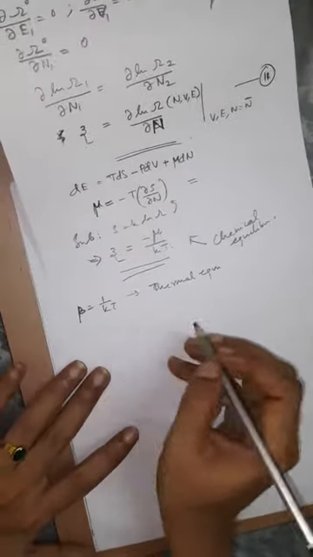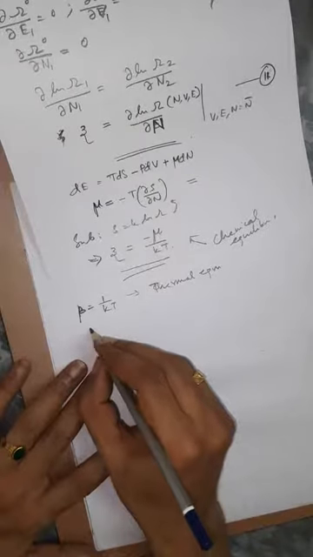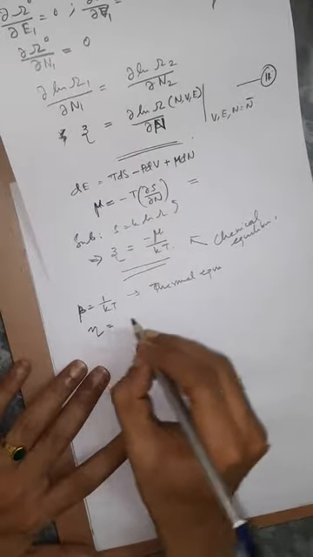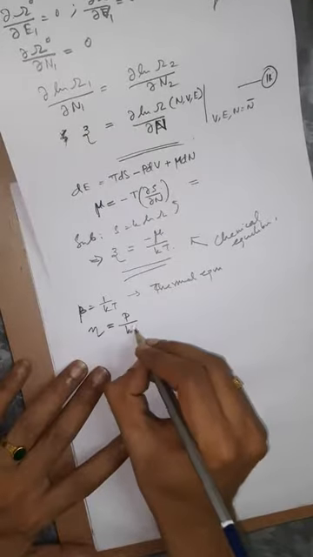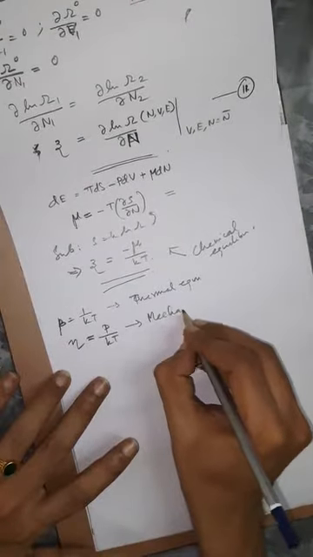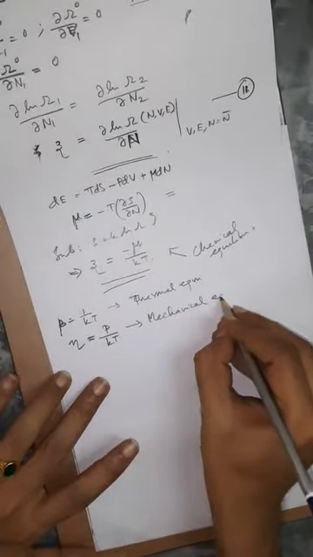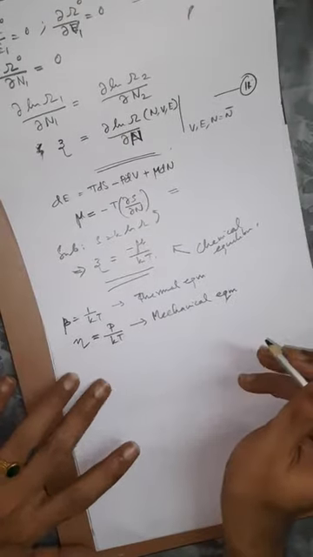And what was the next expression? We had eta is equal to P by Kt. So this was mechanical equilibrium.